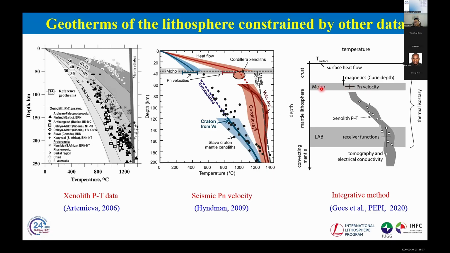We have a general common sense: if the temperature is quite high, the velocity should be a little bit low. So according to this assumption, we can get the temperature information. Besides that, we can use the pressure and temperature data from the xenoliths in the mantle. This information is usually for the deep part of the lithosphere.